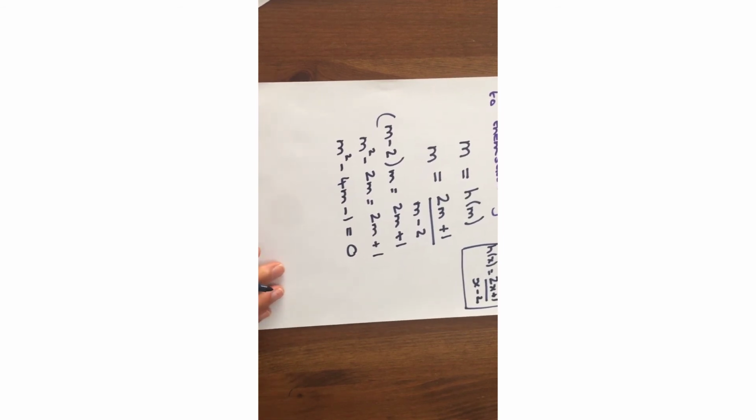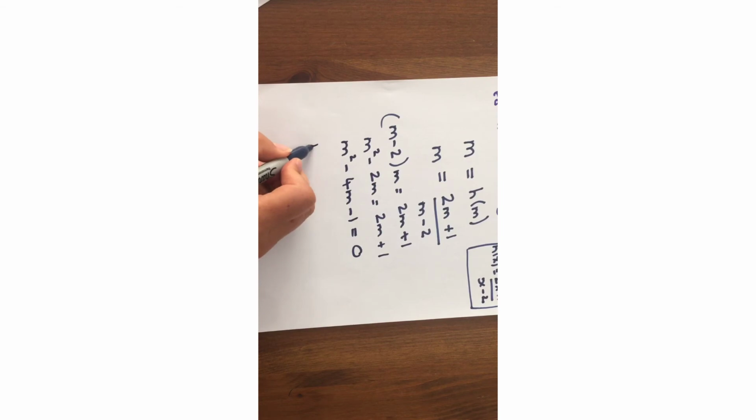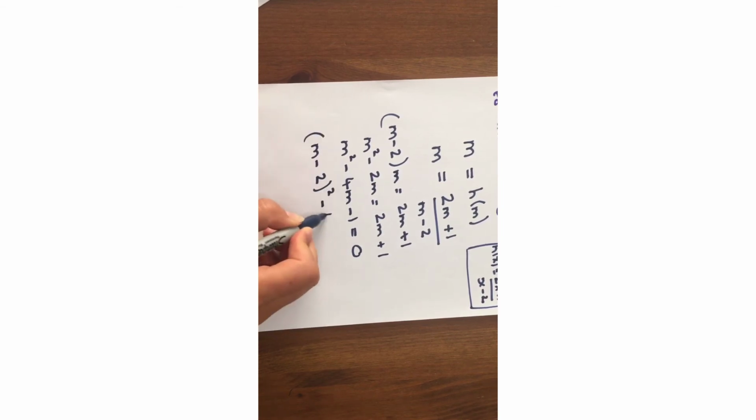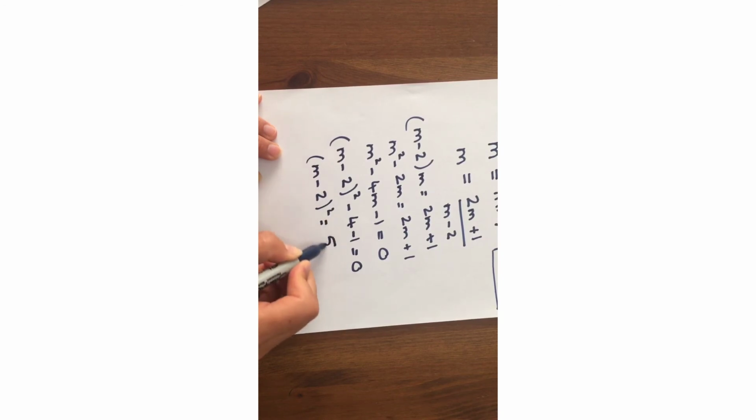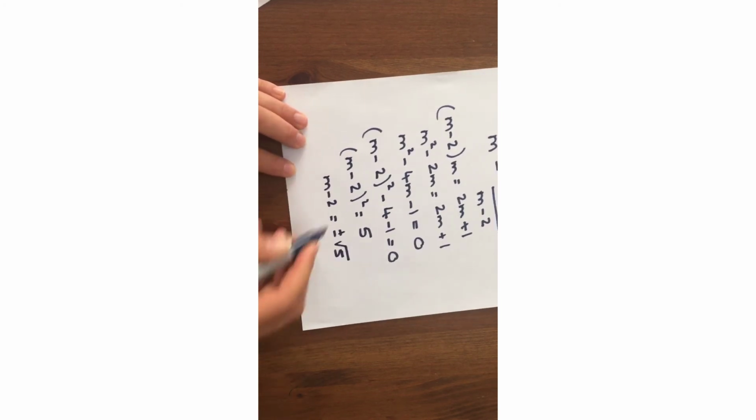It does not factorize, so I'm going to solve it by completing the square. This should be easy for you. Then I'm going to rearrange to get m. So plus or minus the square root of 5. So m is 2 plus or minus the square root of 5.